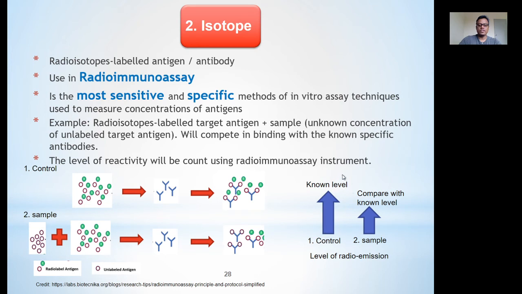For example, if this level is 100 milligram or the titer is 100, so we know that this is 50. So this is how we count the concentration of the antigen, by comparing the known level with the level from the sample.